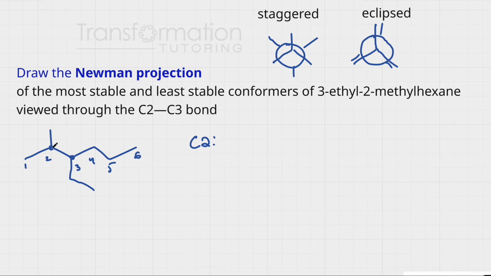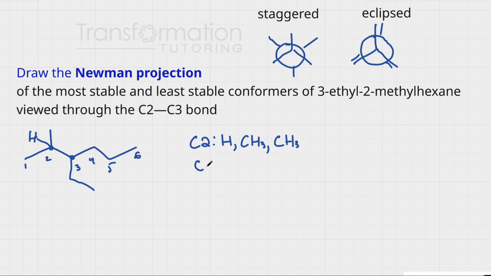For carbon number 2, we can see that there are only 3 bonds shown, and we know that every neutral carbon wants to have 4 bonds, which means that it has 1 hydrogen attached to it, which was not shown, and I'm going to show it to make it clear. So what groups is carbon number 2 attached to? Carbon number 2 is attached to a hydrogen. It's also attached to 1 carbon here, which is a methyl group, CH3. And it's also attached to 1 carbon here, which is a methyl group again, CH3.